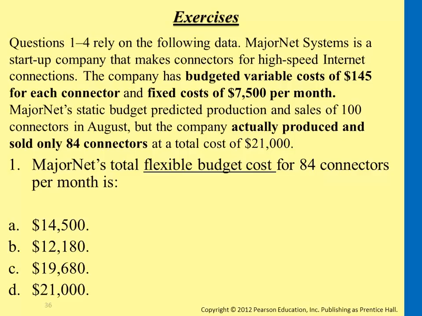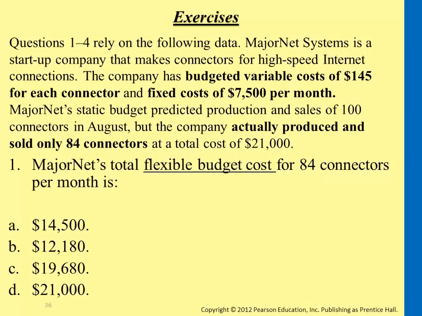So this problem here, the static budget, originally they expect to sell and produce 100 connectors, and the variable cost for each connector is 145. Fixed cost is 7,500. Right now, the flexible budget here, remember the difference between this and static is that we set this as the actual outputs.